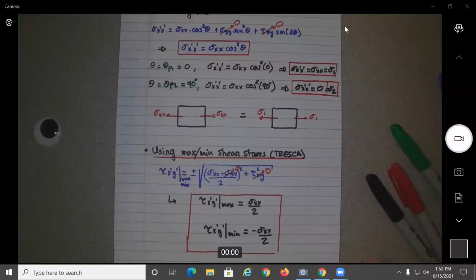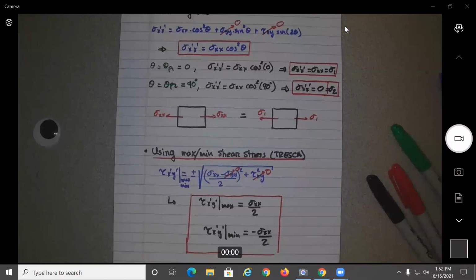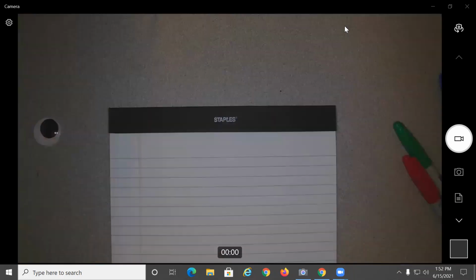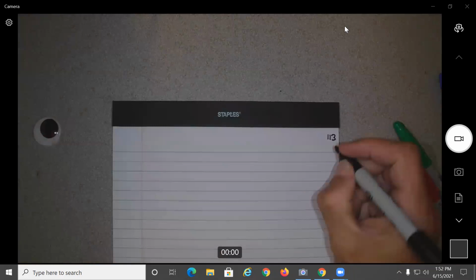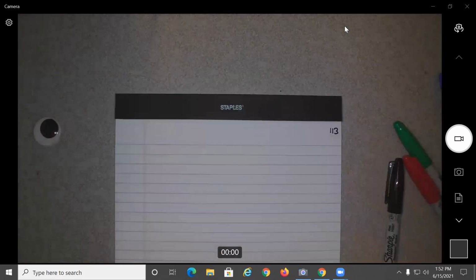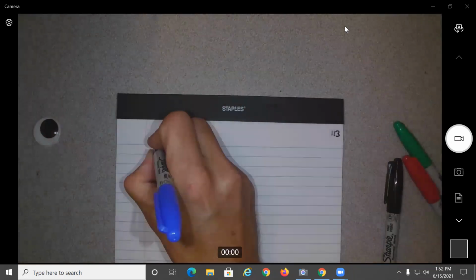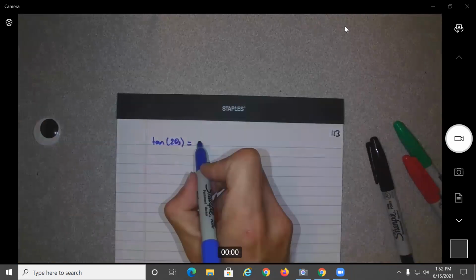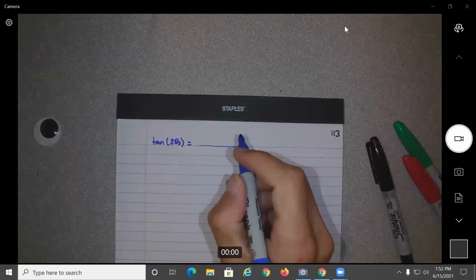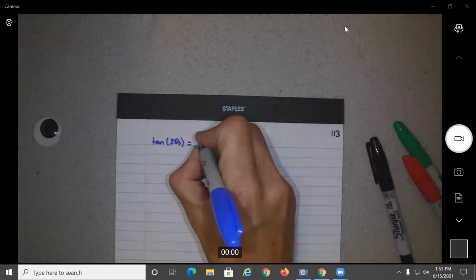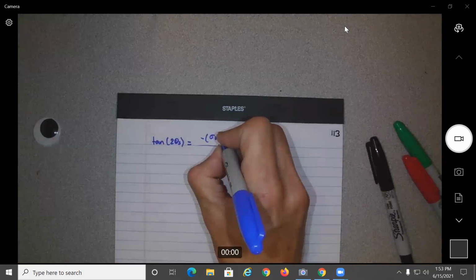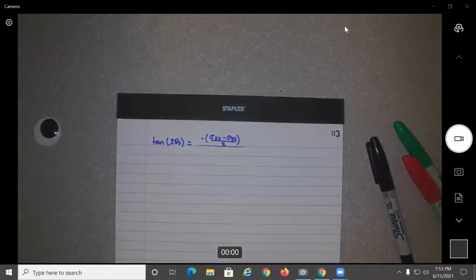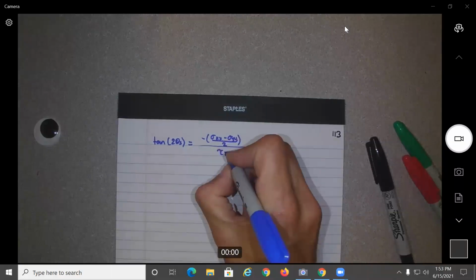Okay, and as before, we need to determine what would be the angles. Again, this is tedious. So we get tangent of 2 theta s equal to minus sigma xx minus sigma yy divided by 2, divided by tau xy.